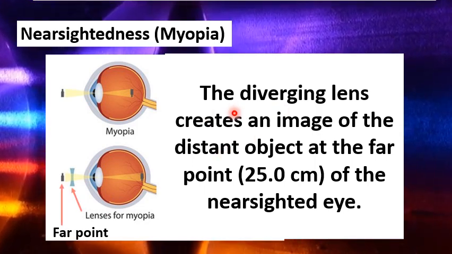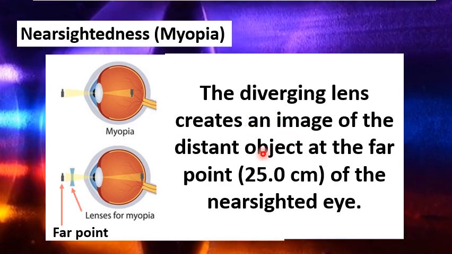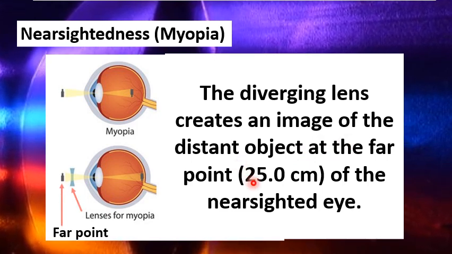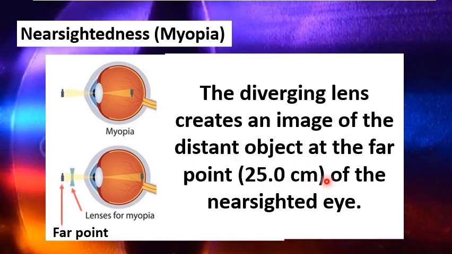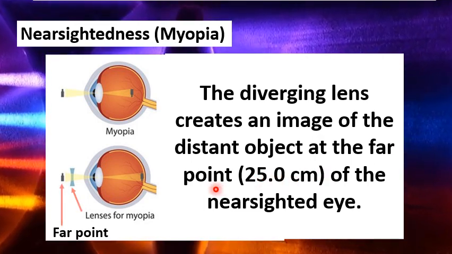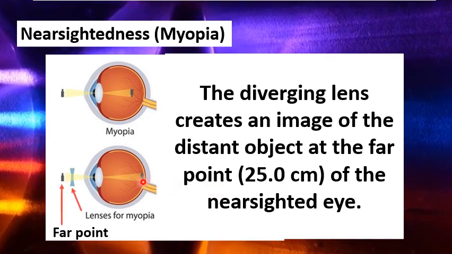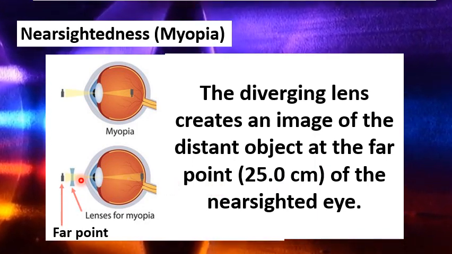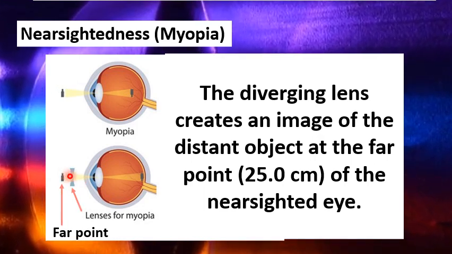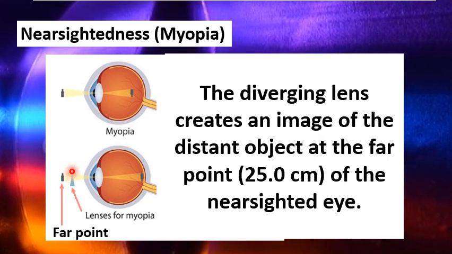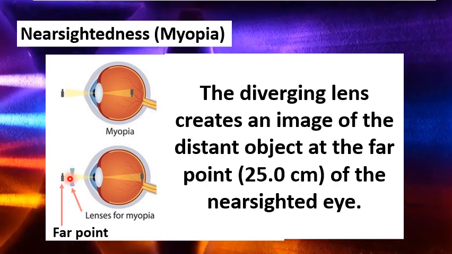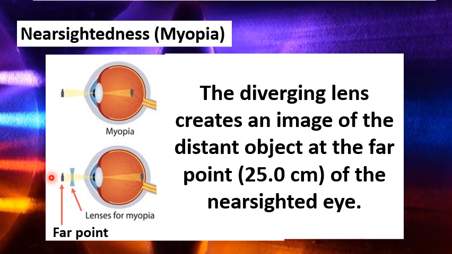The diverging lens creates an image of the distant object exactly at the far point, and for a typical nearsighted eye, that's approximately 25.0 centimeters in front of the eye. As shown in this drawing, if this point here is the far point, the role of the diverging lens is to create a virtual image of a distant object.